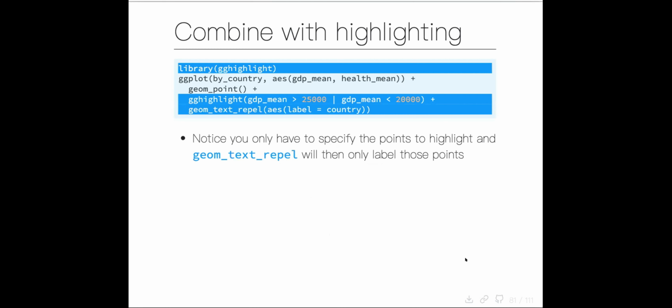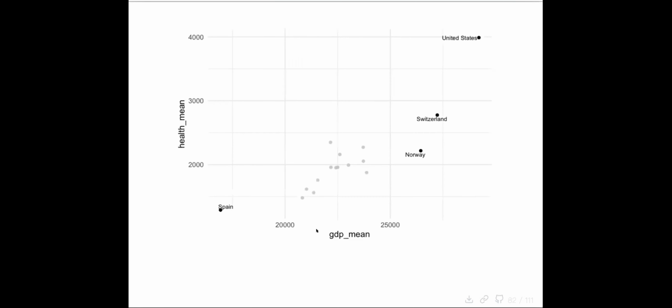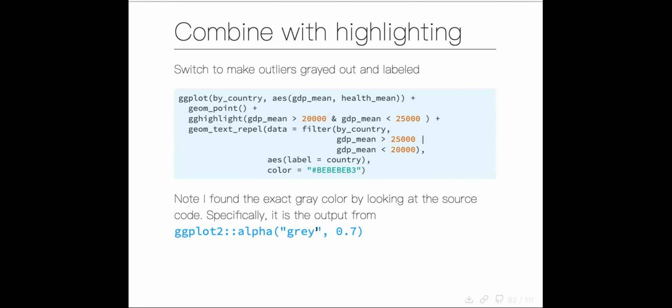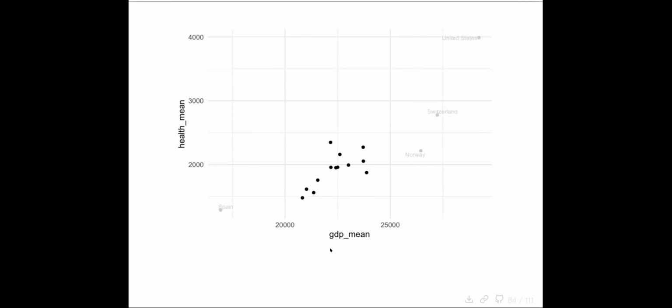We can also combine this with highlighting that we looked at before. So I'm just calling ggHighlight on that and geomTextRepel on the same thing. And now we end up with something that looks like this. But this is maybe doing the opposite of what we want. It's emphasizing those outliers and de-emphasizing the middle. Maybe that's what we want to do. I don't know. But we could also do it the opposite.